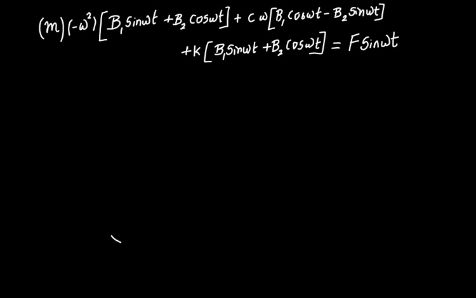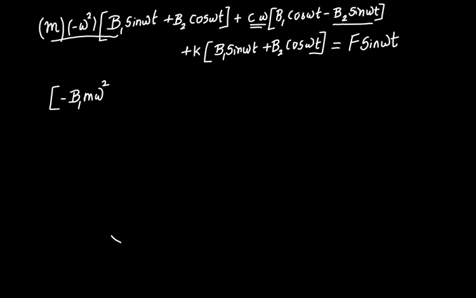So if I take all the sine terms common outside, I'll be getting minus b1 into m into omega square, because this is one sine term. Is there any other sine term? Well, I have one more sine term here, b2, which is the coefficient of the sine term. And of course, I have c omega outside, so I have to write that also.